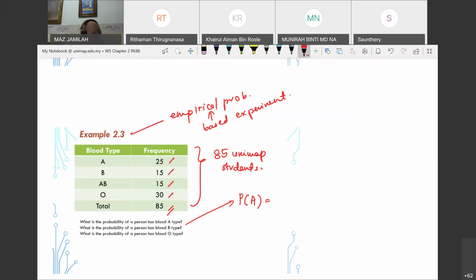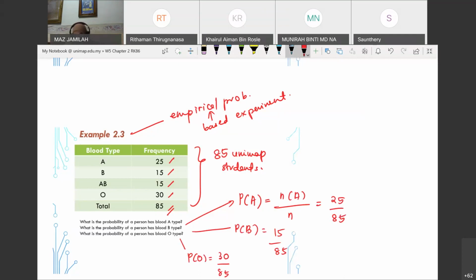In this case, we refer to the frequency of A divided by N, that will be 85. Number of A is 25 over 85. What about B? P of B is equal to number of B, that would be 15 over 85. What about O? P of O is equal to 30 over 85.